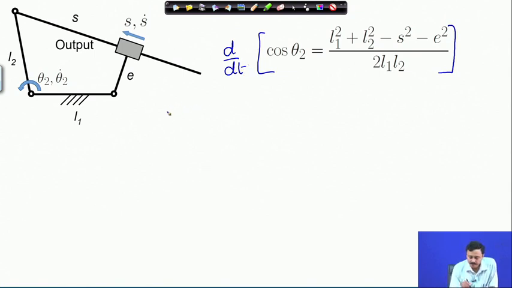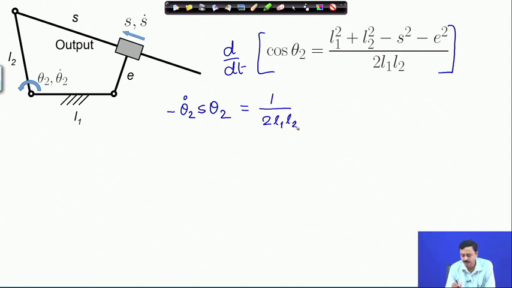So, what do we have? Minus theta 2 dot into sin theta 2 is equal to 1 by twice of L1 L2 times. Now, these are constants, L1 is constant, L2 is constant, the only thing variable is S, E is a constant. So, this is as simple as that.